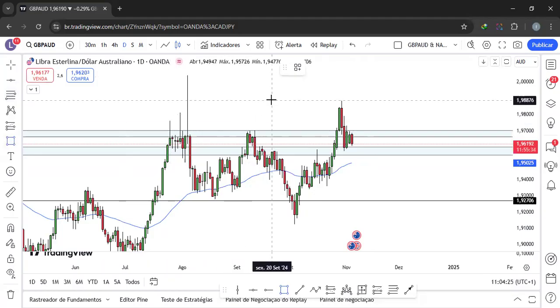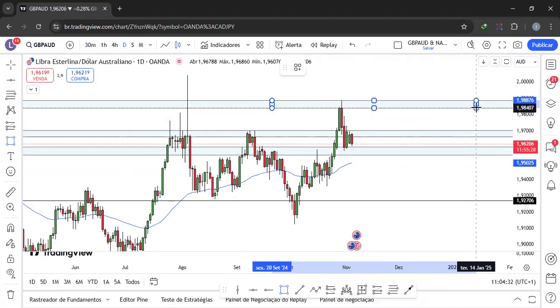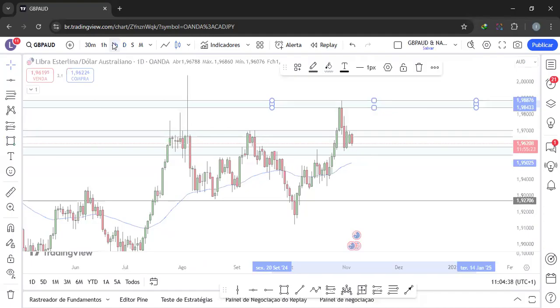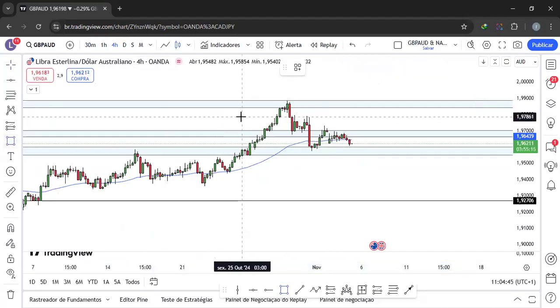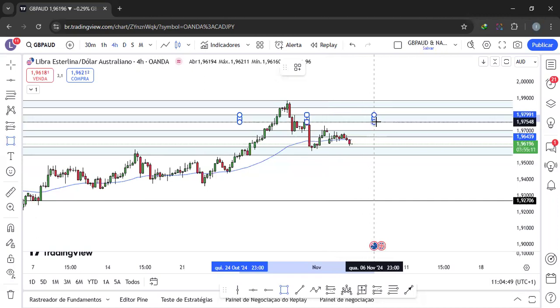I'm going to use these two candlesticks as a support area, and I'm going to go down to the 4 hour time frame to mark this area here, because I think we can use this as our support and resistance.